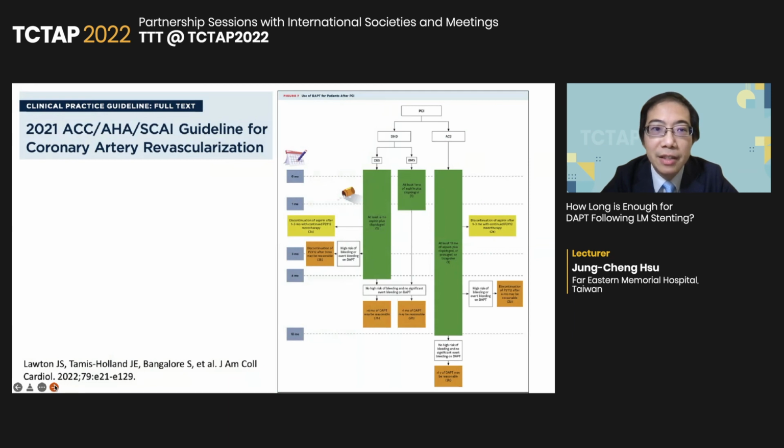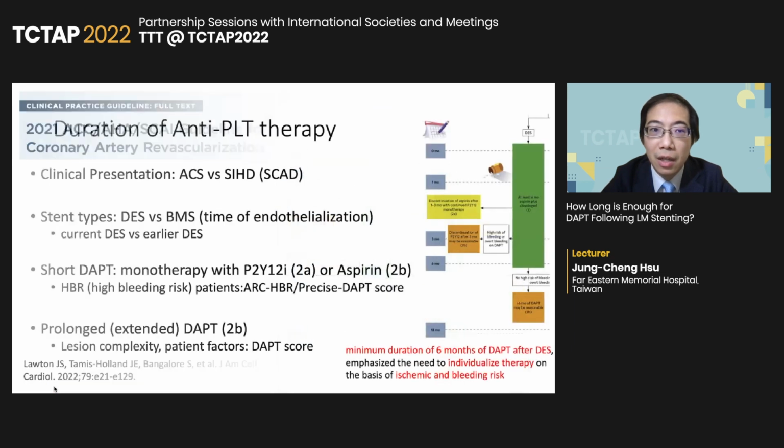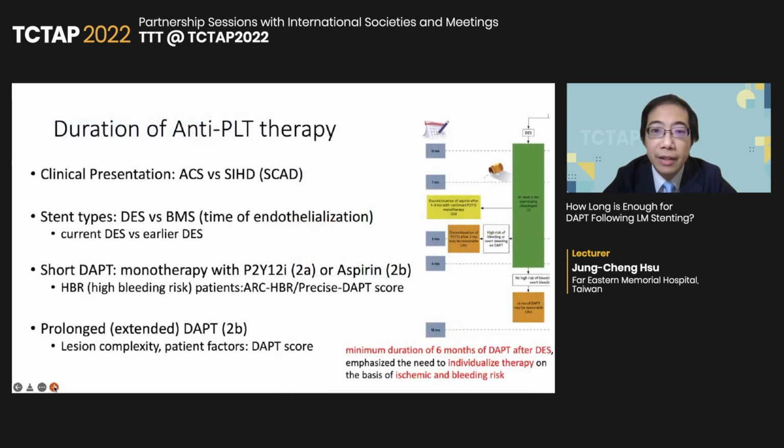Recently, the ACC and AHA published the guideline for coronary artery revascularization. Looking at the details, the duration of antiplatelet therapy depends on the clinical presentation, acute coronary syndrome versus stable CAD, stent types, drug-eluting stent versus bare metal stent, or a short DAPT monotherapy with a P2Y12 inhibitor or aspirin in high bleeding risk patients, or prolonged extended DAPT use in patients with lesion complexity or patient factors such as high DAPT score.